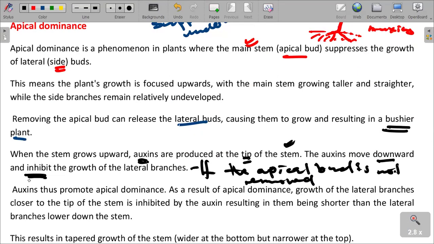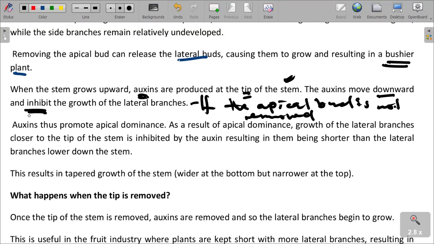So if the apical bud is not removed, the auxins are produced, and then they inhibit the growth of lateral buds. So auxins promote apical dominance, so that the main stem remains growing strong, tall and straight.